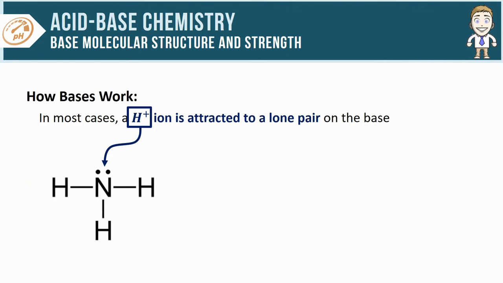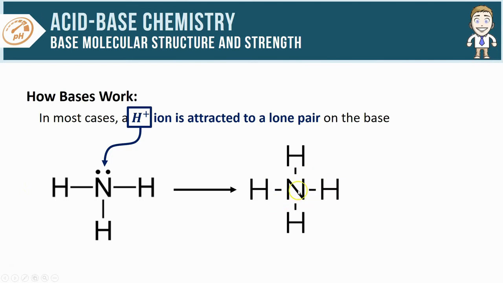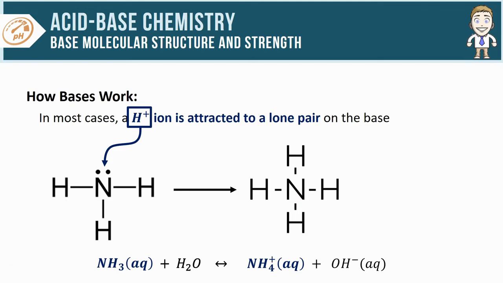The lone pair becomes a covalent bond that holds the hydrogen attached as we produce our conjugate acid, NH4+. So this is what's happening when you write out the hydrolysis reaction for a base in water. That H+ that it's gaining from the H2O is attaching to a lone pair on the base molecule.